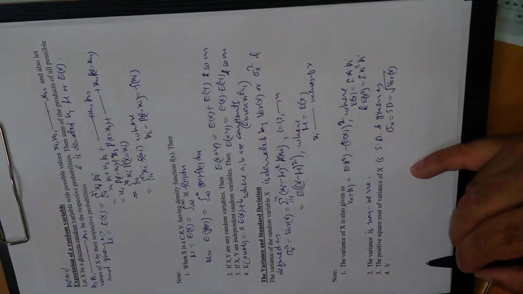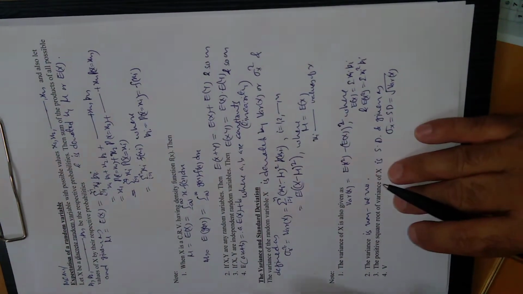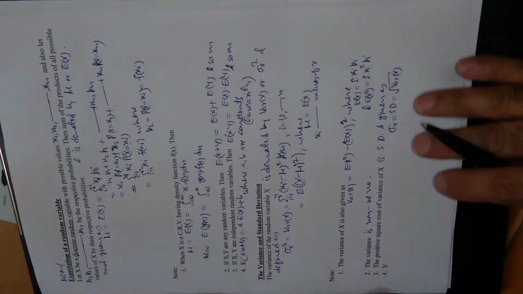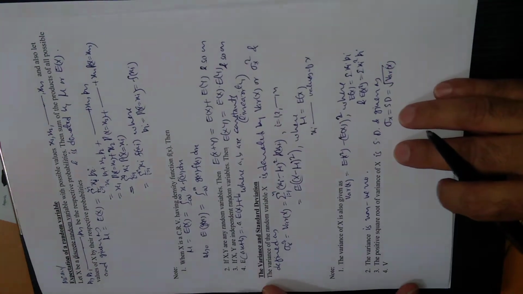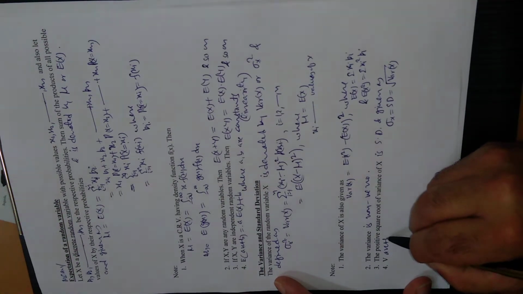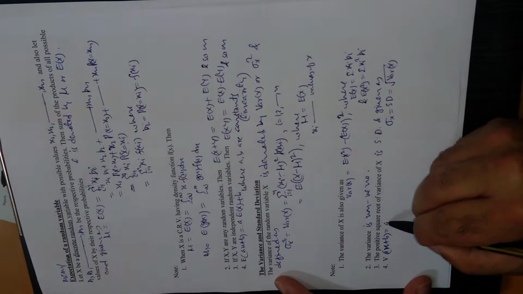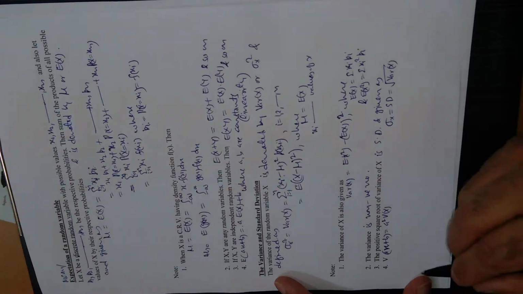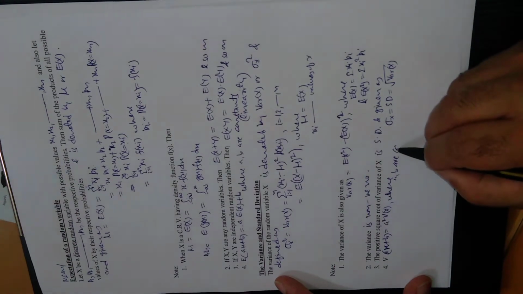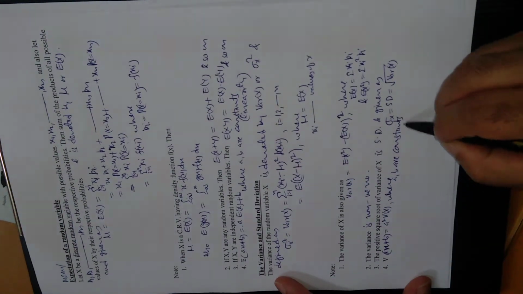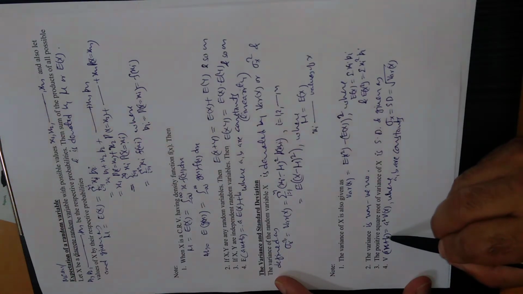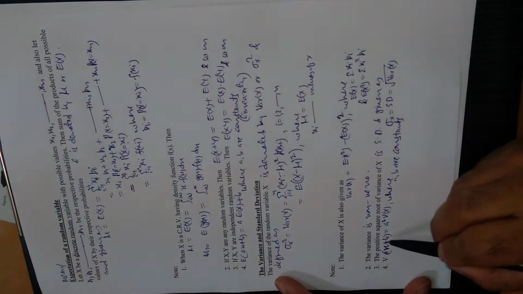Number 4, variance of ax plus b is equal to a square variance of x, where a, b are constants. Because b is a constant, b does not appear here; variance of a constant is 0.